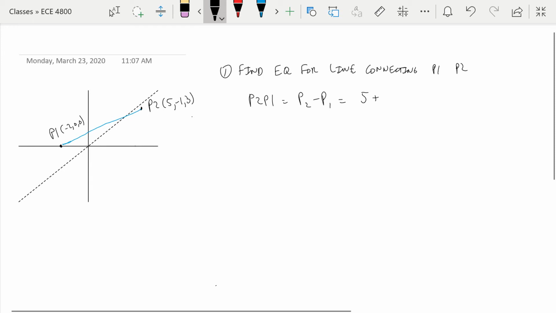So it's 5 plus 2 times x hat, plus minus 1 minus 0, minus 1 times y hat, plus 3 minus 0 times z hat. Okay, everyone see how to do that? Give me a thumbs up. Okay, great, thank you.